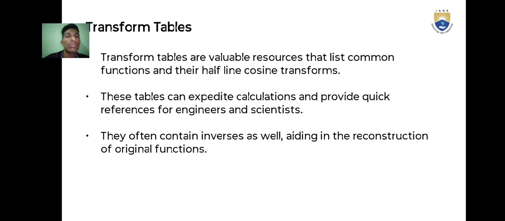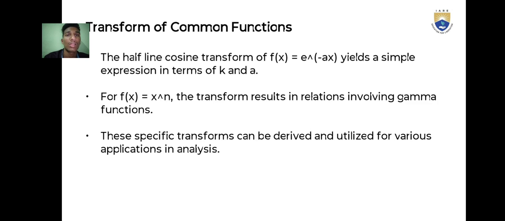They often contain various entries as well as the structures of original functions. Transform of a common function: the Fourier cosine transform of f of x equal to e to the power minus ax has a simple expression in terms of k and a.